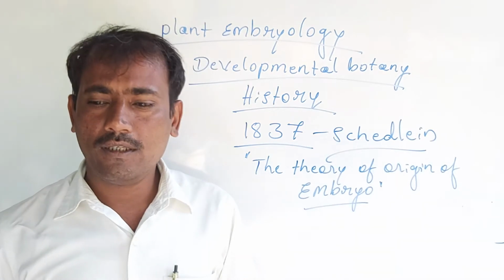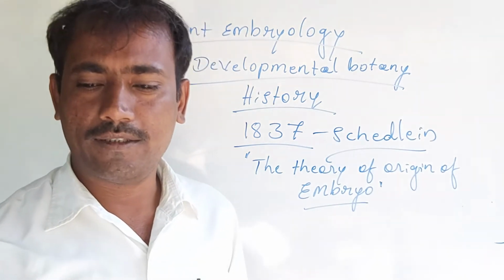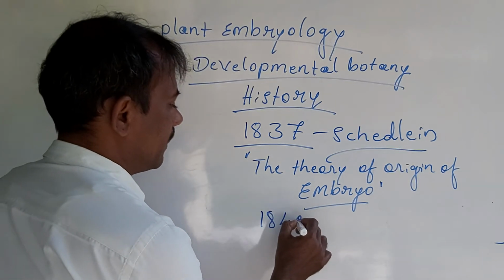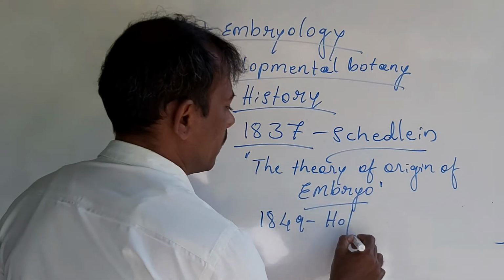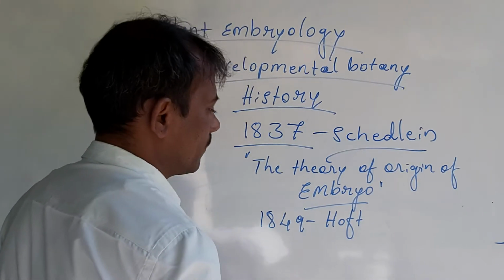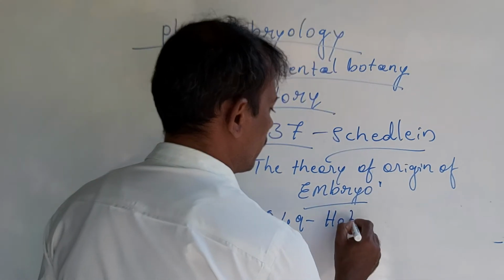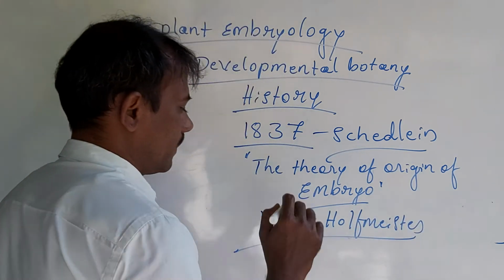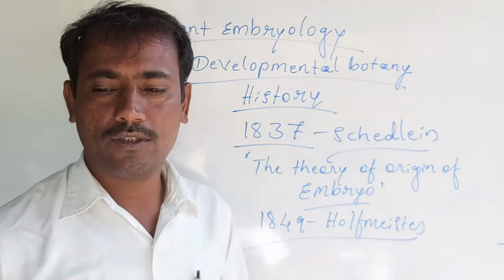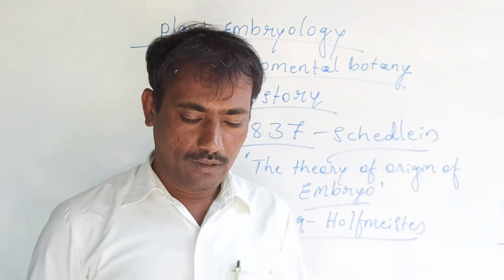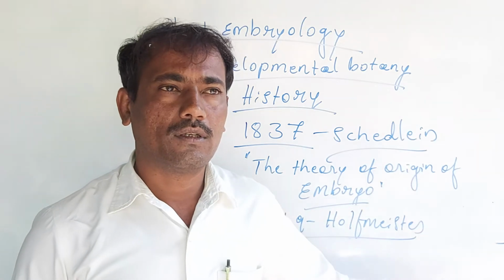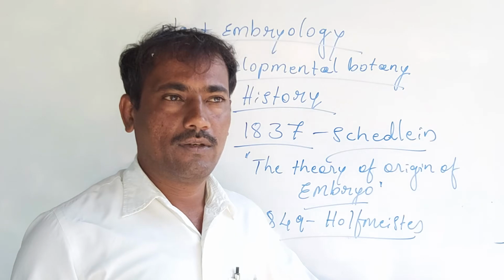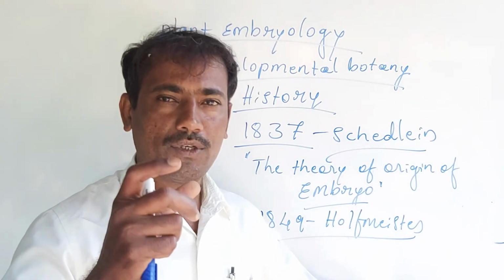Later on, in the year 1849, it was Hofmeister who observed the development of the embryo within the embryo sac.